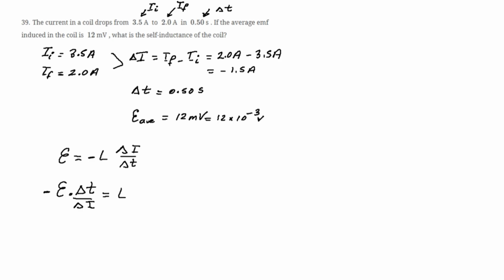So the inductance will be negative 12 times 10 to the negative 3 volts times delta T, which is 0.50 seconds, divided by delta I, which is negative 1.5 amperes.